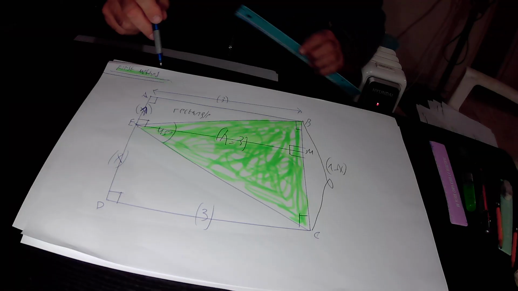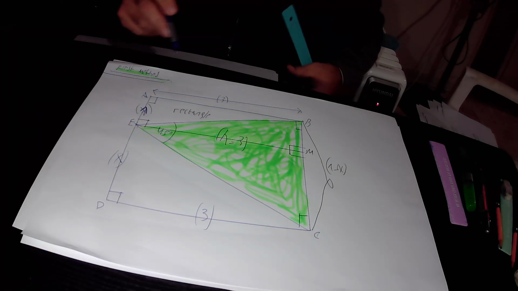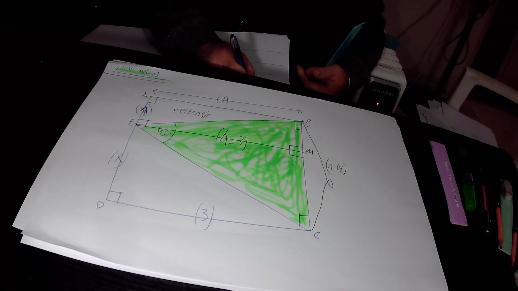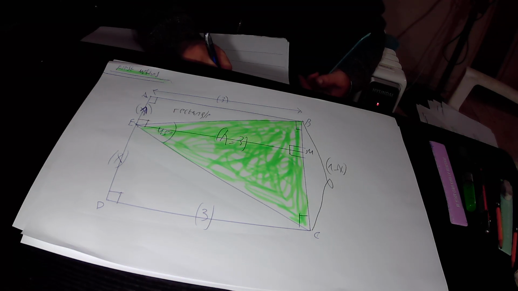So in this right upper triangle ABE, according to the Pythagoras theorem, BE squared, that is the square of the hypotenuse, equals AB squared plus AE squared.